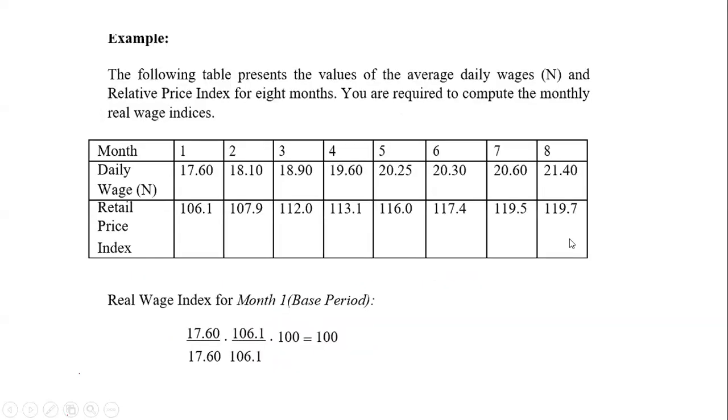Let's do an example on that. The following table presents the values of the average daily wage, N, and relative price index for 8 months. You are required to compute the monthly real wage indices. So this is the table for the 8 months, month 1, the first month, to the 8th month.